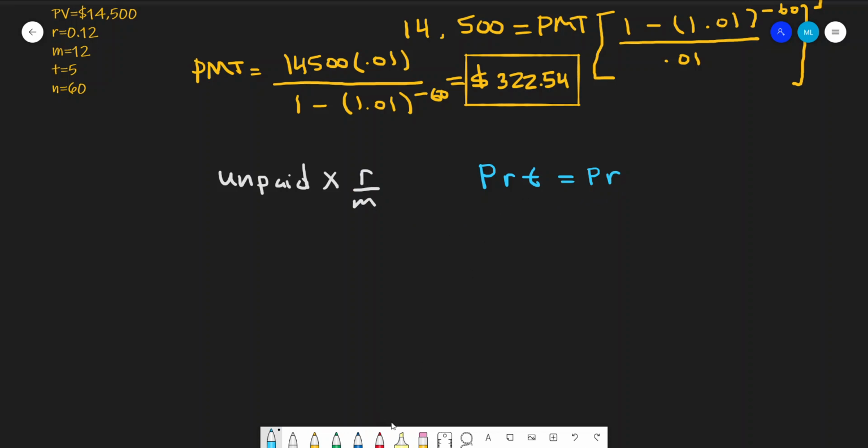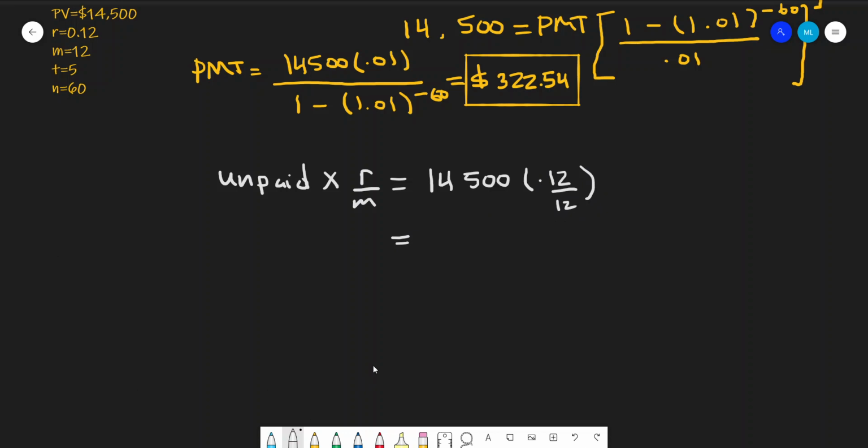So it's a little bit different in that regard. So I'll just get rid of this for now. And we're going to go ahead and just find the unpaid balance. So to find the interest due, we'll take the 14,500 and multiply by 0.12 divided by 12. And this is going to be the interest that is due.